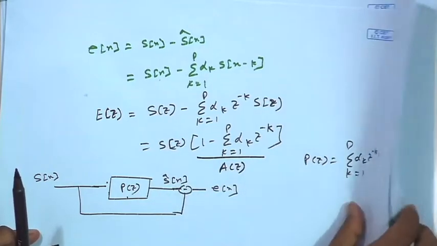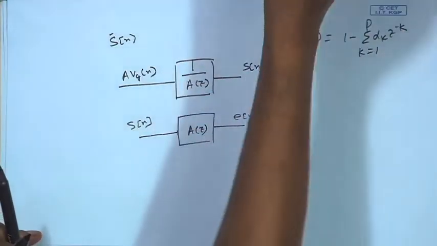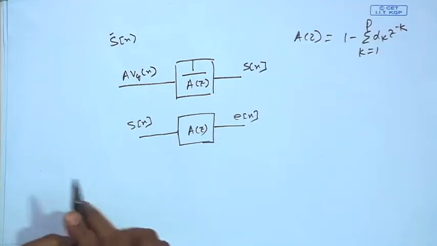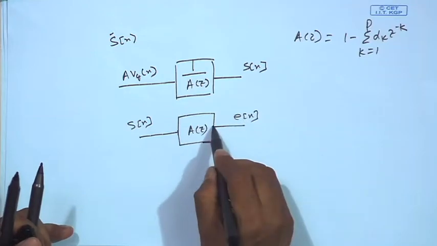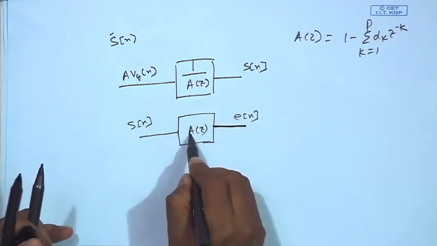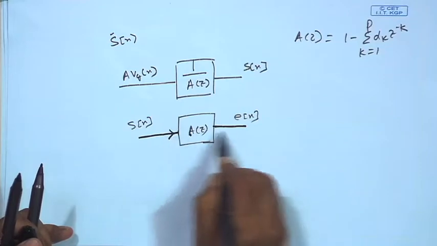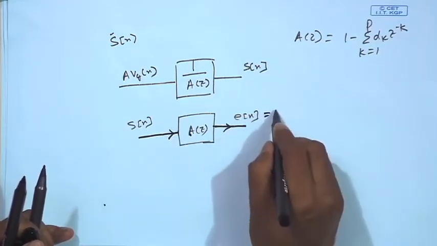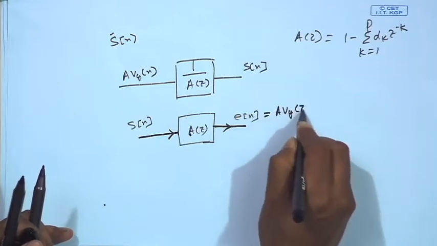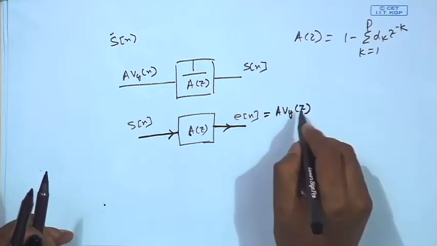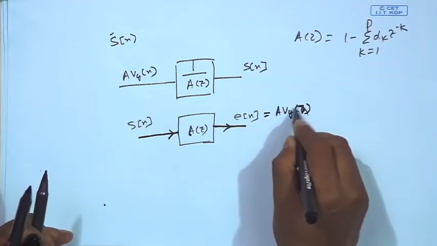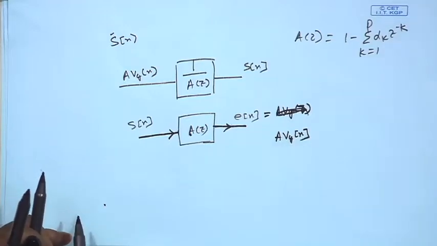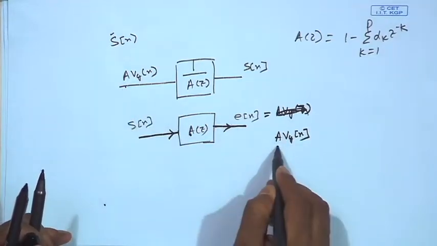So if I pass the present speech signal S[n] through an A(z) filter, I get the error signal e[n]. If my estimation is very correct, then only the error remains.